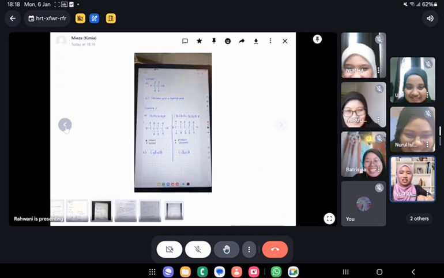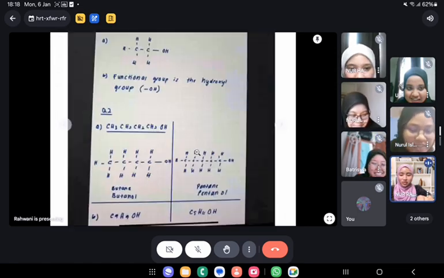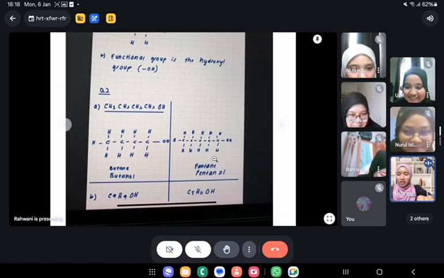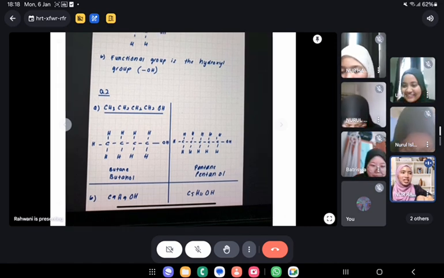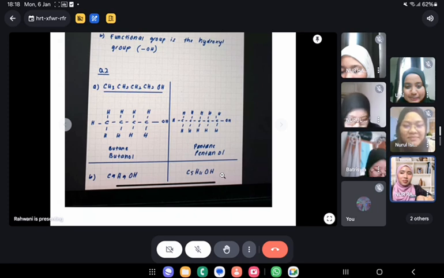Alright, now let's take a look at Batrisha's answer. Can you explain your answer in question 2B for the second compound? How do you get this answer? Alright, for that question, there are 5 C in total.